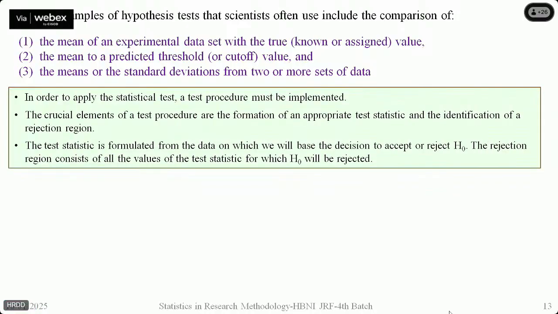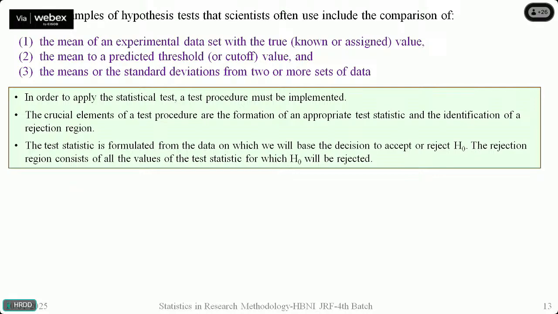So in order to do any test, you have to have some procedure. You should explicitly state the steps involved in the calculation. Then finally, you will state the null hypothesis and your conclusion, whether your measured parameters are aligning with the null hypothesis or not.